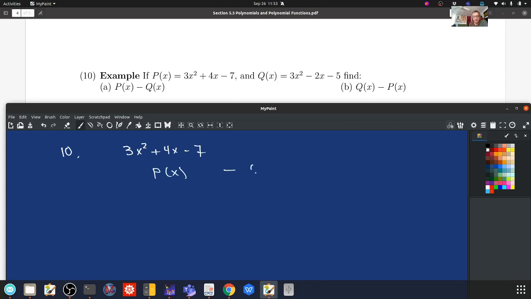And my q of x is given by, what do I do? I put everything in parentheses first, and I've got it. So I don't need this minus p of x minus q of x.